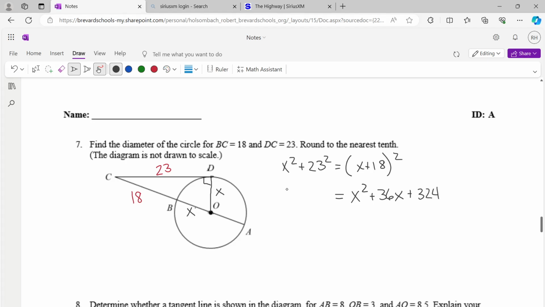And on the left-hand side, we still have x squared plus 23 squared. So now we have an x squared on each side of the equal sign, so we can cancel those out. And then in our next step, I'm going to subtract 324 from each side.